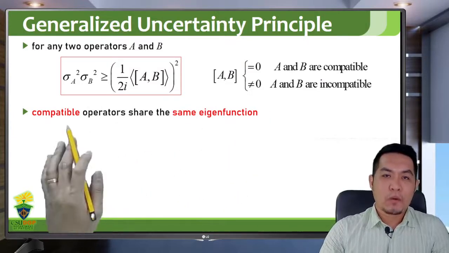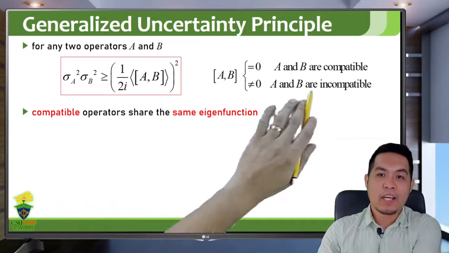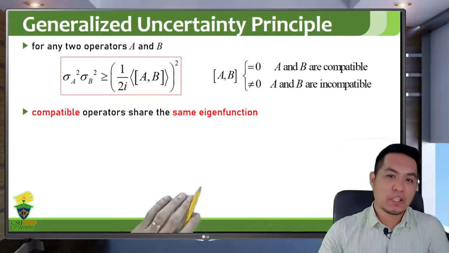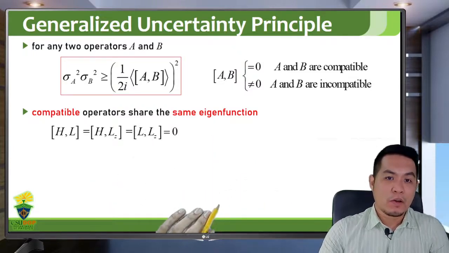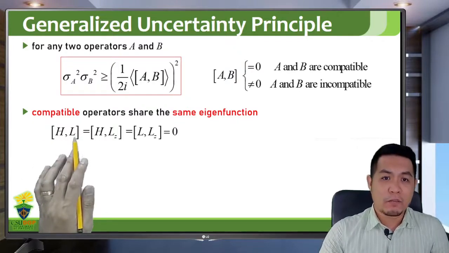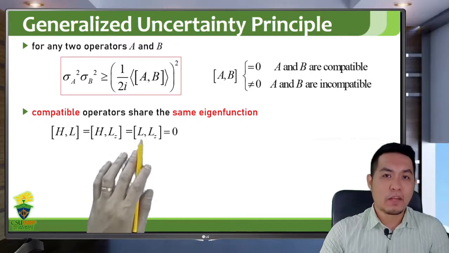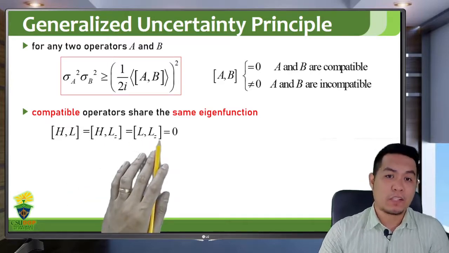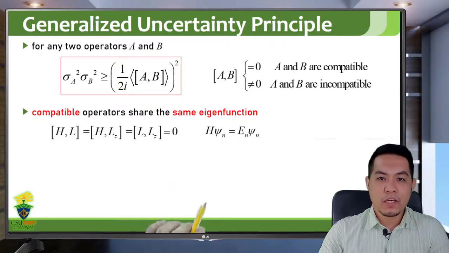If you have operators that commute, meaning they are compatible with each other, they will share the same eigenfunction. For instance, the Hamiltonian commutes with the angular momentum, meaning the angular momentum and one of its components, say the z component, will commute with each other. What does this mean?